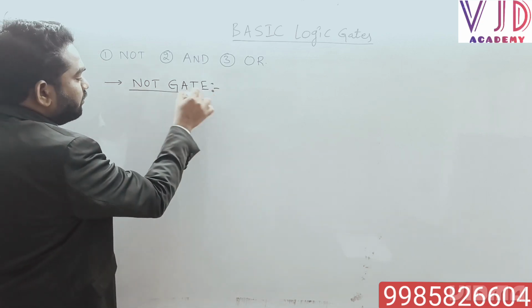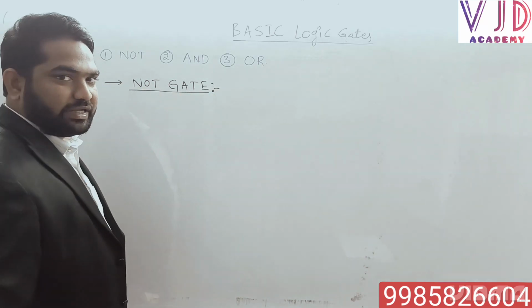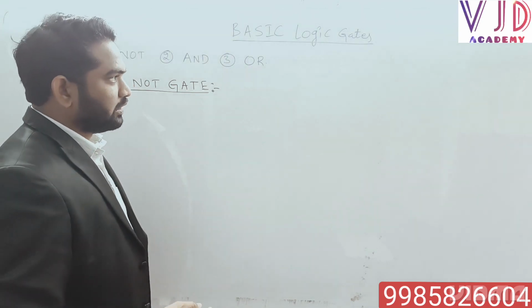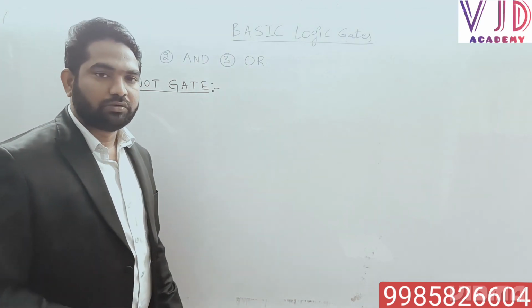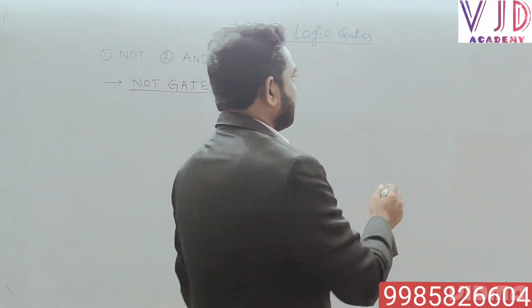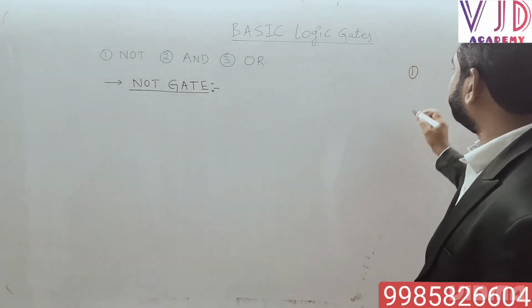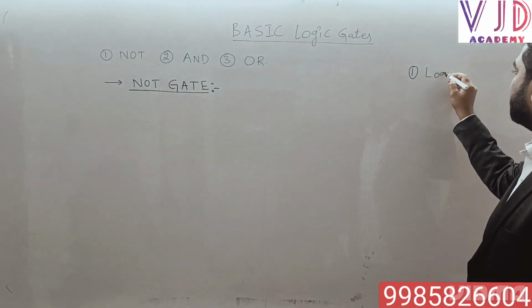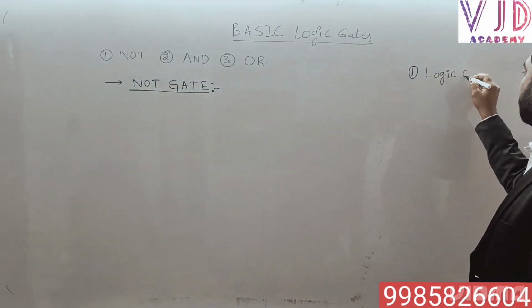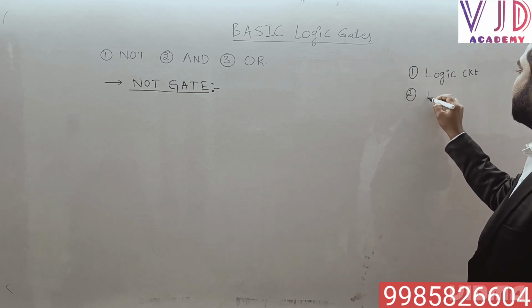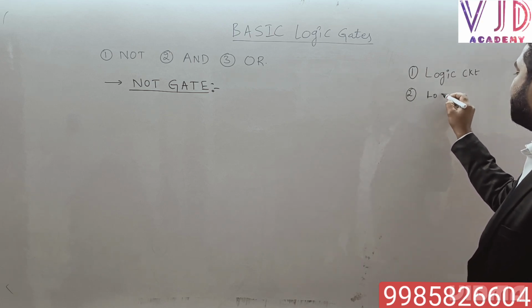The moment when I start to teach a basic gate or any logic gate, I would like to remember these points. First thing is its logic circuit. Second, what is its logical expression.